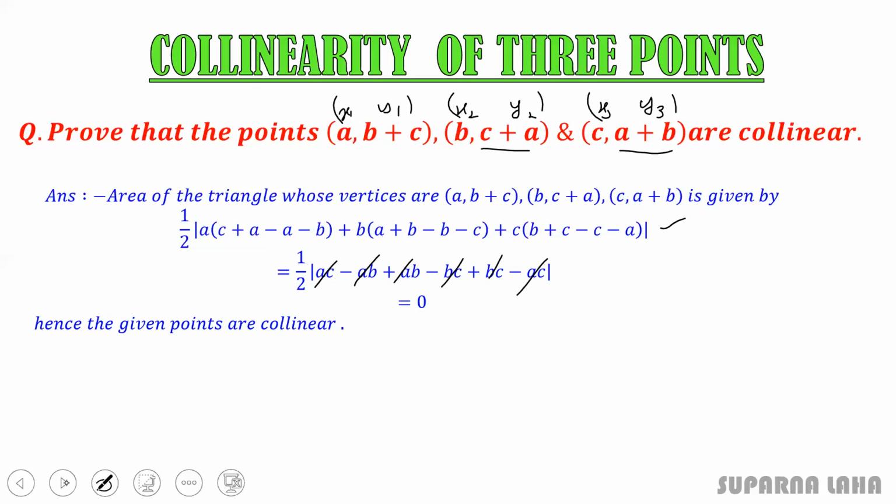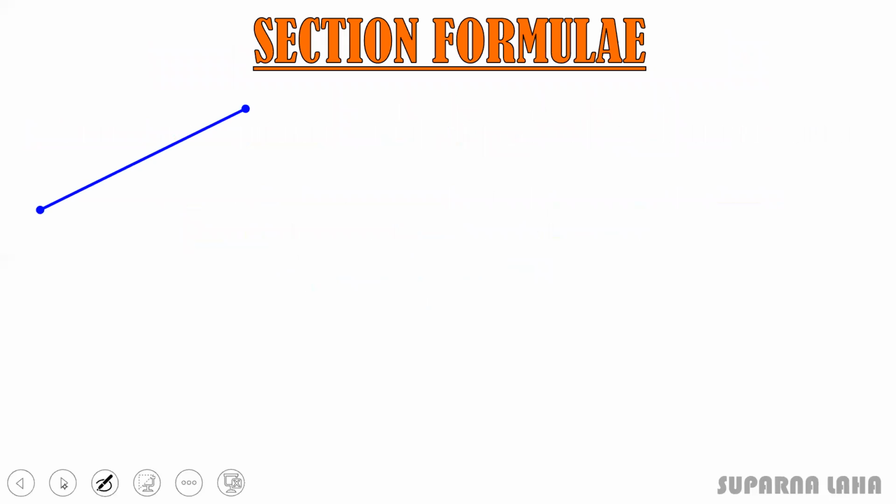So moving to the next one, which is the section formula. Section formula means, suppose these 2 points are given P and Q, and another point divides this line in the ratio m:n. Then you need to find this R. Suppose it is x comma y, then you need to find the values of x and y.